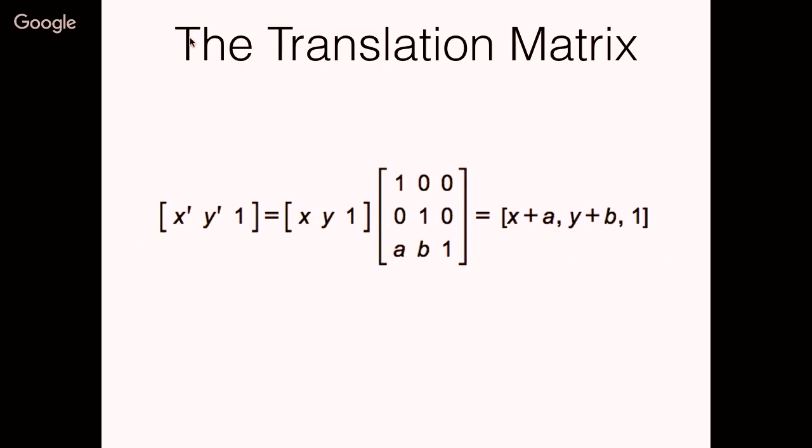If we stick the A and the B that we want to translate down in that funny little position at the bottom left-hand corner of the matrix and put the identity W on the end, then if you multiply that through, the new X is X times 1, Y times 0, and 1 from the W of the point times A, and similarly B. So it turns out that you can get the translation by multiplying rather than adding, which may seem like a lot of faff, and why would you bother?